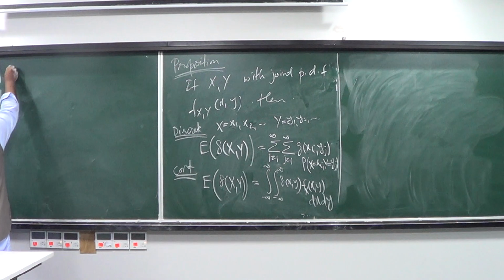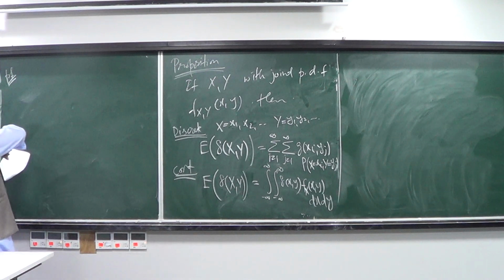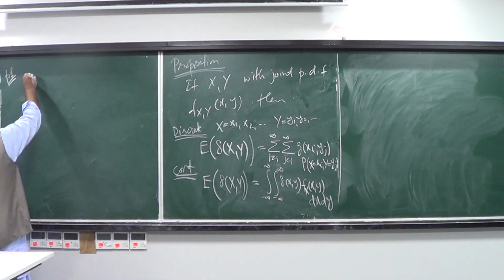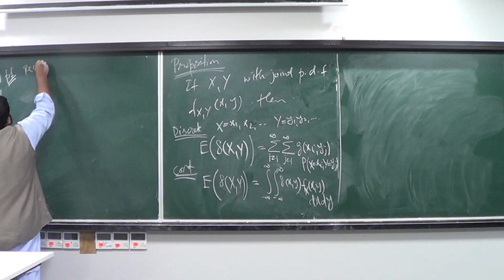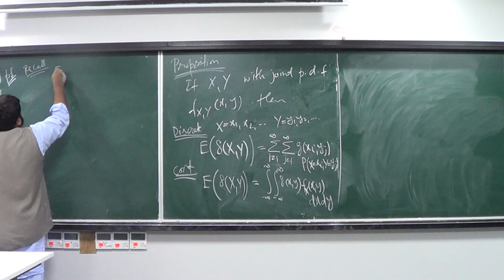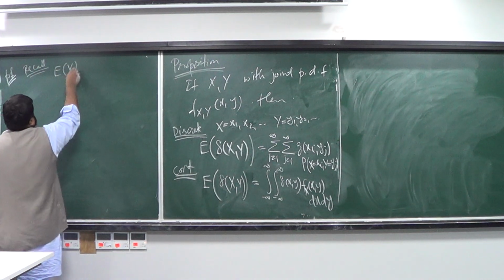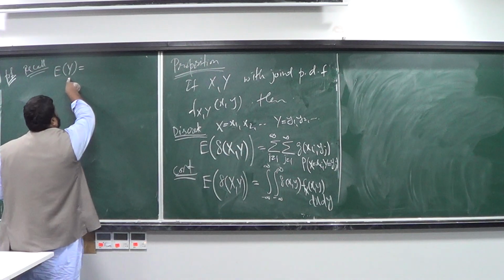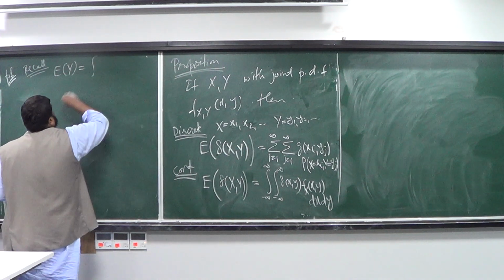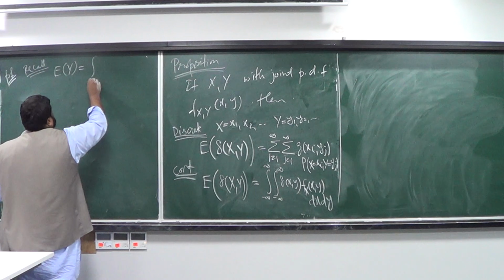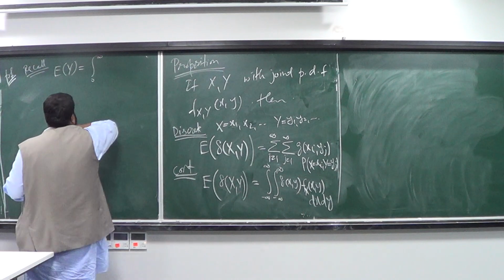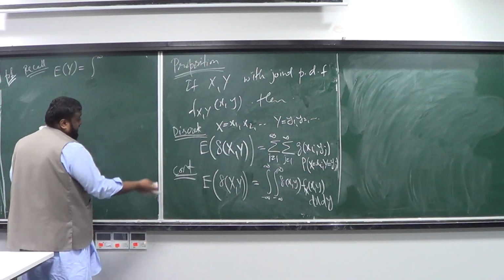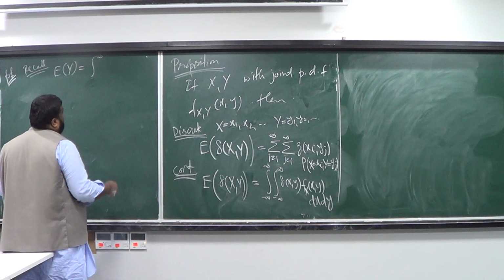So here's a proof. Recall a lemma that if you have a random variable, for example y, and you want to compute its expectation, you can calculate it by integrating from 0 to infinity, if it is a non-negative variable.